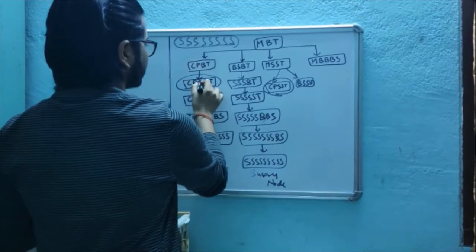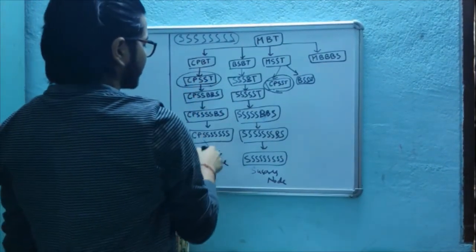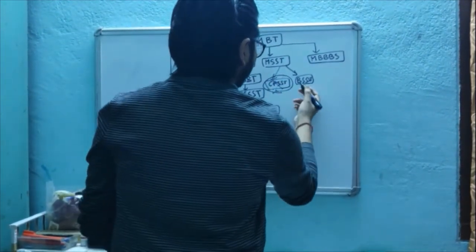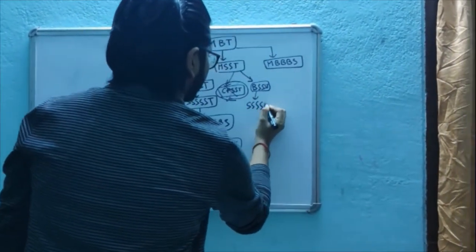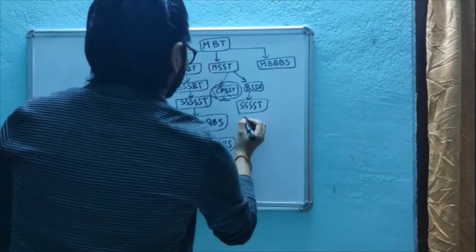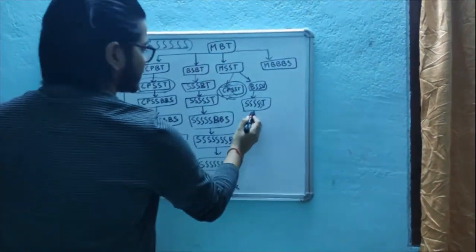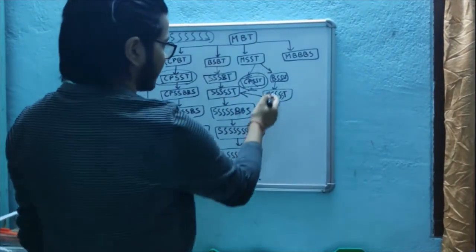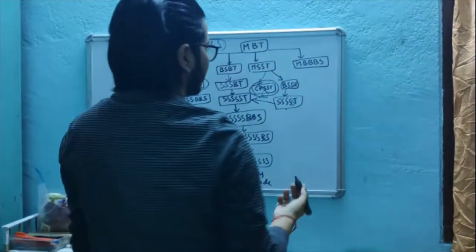We know this node CPSST will get us to a failure node, so we can ignore this and proceed with this. So we can replace B with 2 stamps. And again we can see that this node is also the same as this. So we can follow this path and it gets us to a success node.